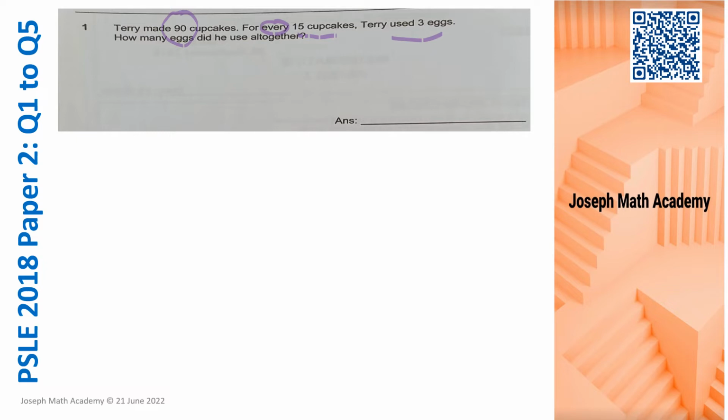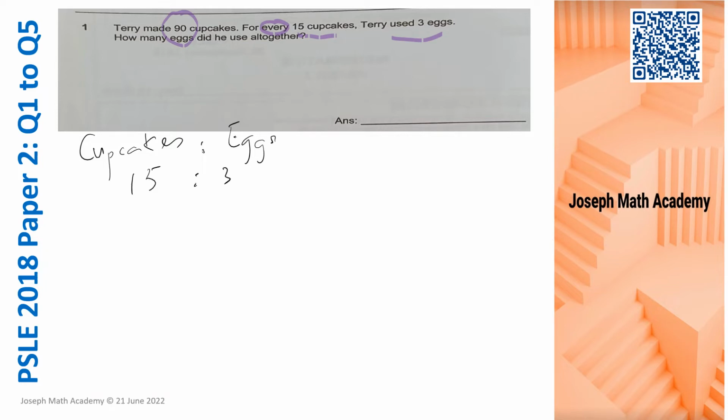That means number of cupcakes to the number of eggs, 15 to 3.